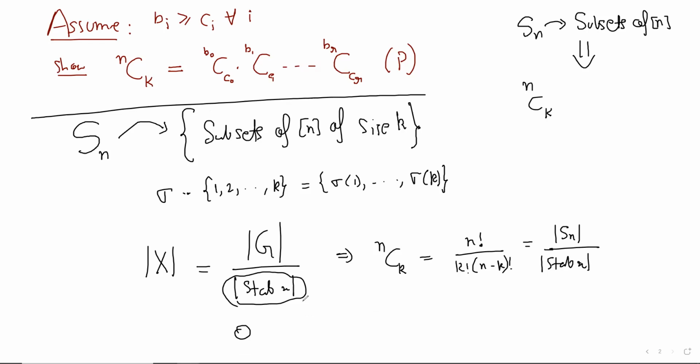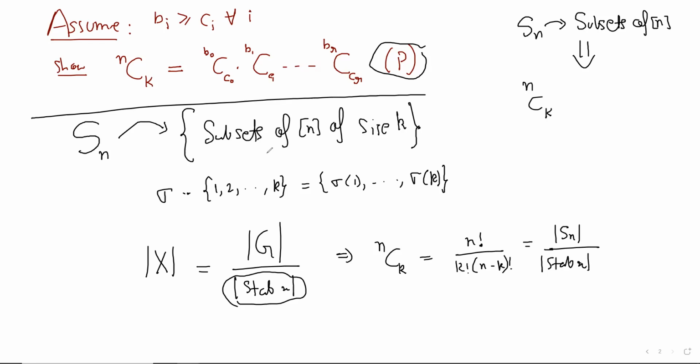Is that idea okay? Or please tell me. Then only you will get that mod p, they will vanish, right? Correct. So you have to consider the action of Sn on these subsets in a slightly different way.